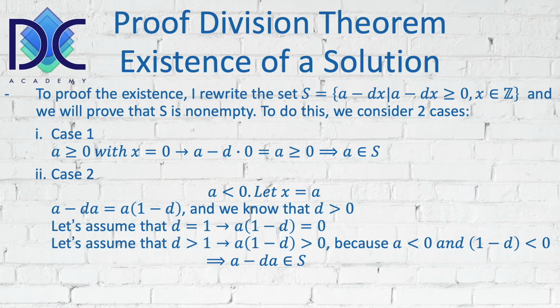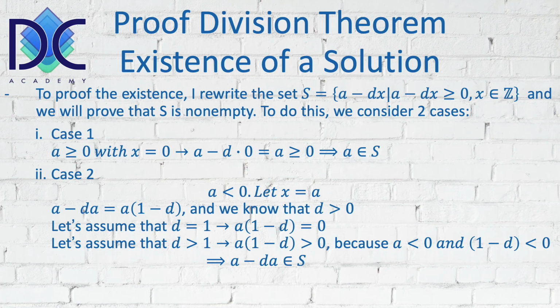And when D is larger than 1, we can say that A times 1 minus D is larger than 0, because in our case, we have A smaller than 0. So we're looking at the case where A is smaller than 0, and 1 minus D is smaller than 0. So it means that A minus D times A is a positive number, an element of S.